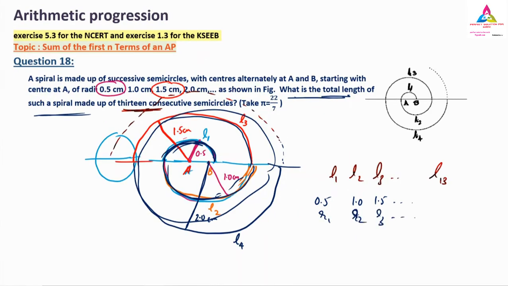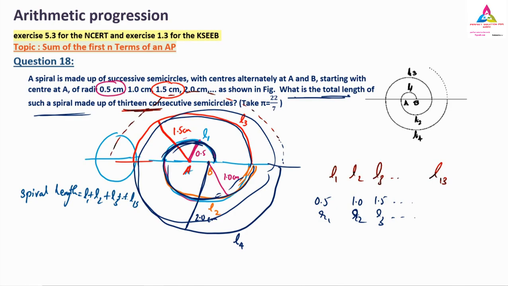That is the length of the spiral. So the spiral length we can take as L1 plus L2 plus L3 plus so on up to L13. We have to add all the 13 semicircle lengths, then we are going to get the total spiral length.